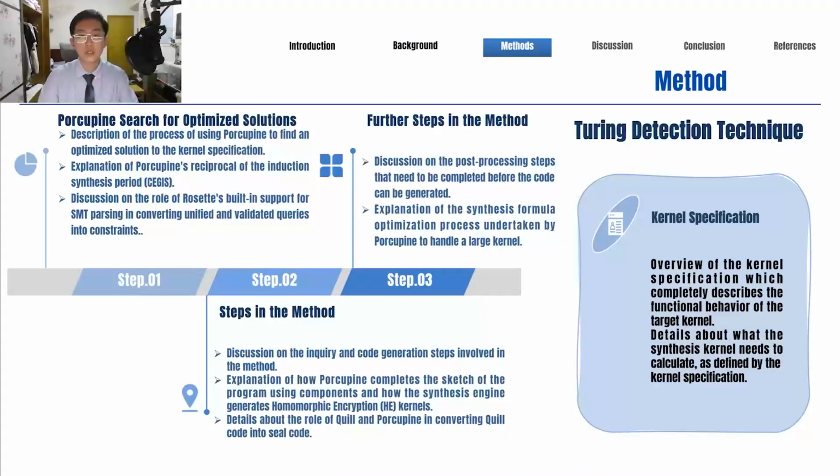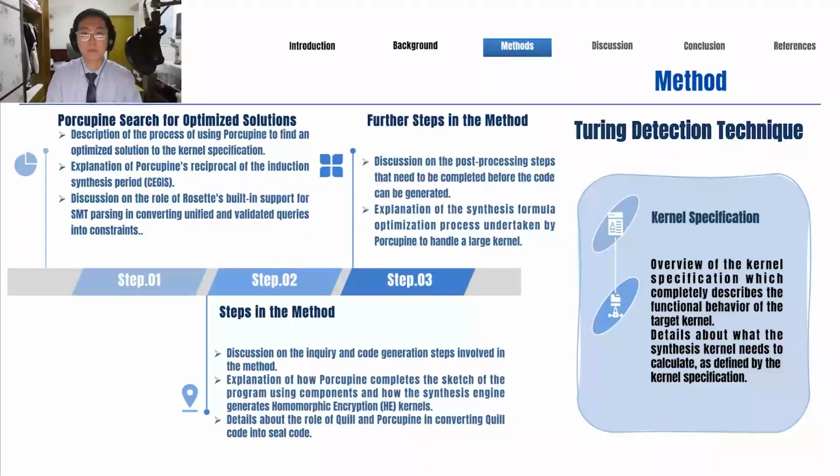An explanation of how Porcupine completes the sketch of the program using components, and how the synthesis engine generates homomorphic encryption kernels. Details about the role of Q and Porcupine in converting Q code into C code, and the further steps in the method.